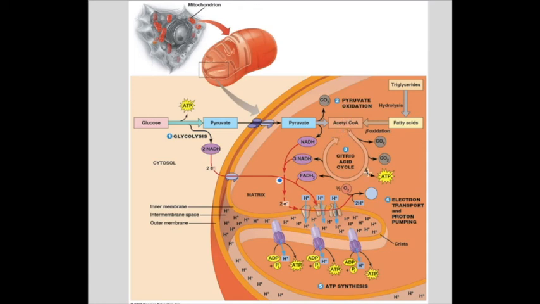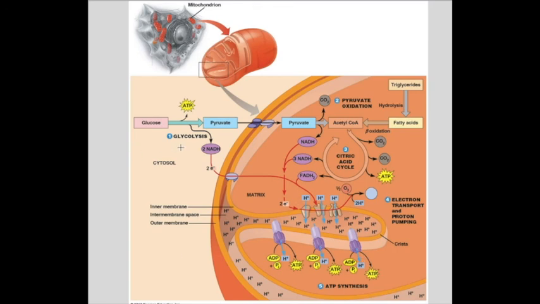Acetyl-CoA goes through the citric acid cycle, losing the rest of its carbons, generating a little bit of ATP, and at the same time generating a lot of these high energy electron carriers, these NADHs, that can then go through the electron transport chain, creating a high concentration of protons here in the intermembrane space, where they then flow through ATP synthase, turning the turbine, taking ADP and inorganic phosphate and squeezing it together to generate a ton of ATP.